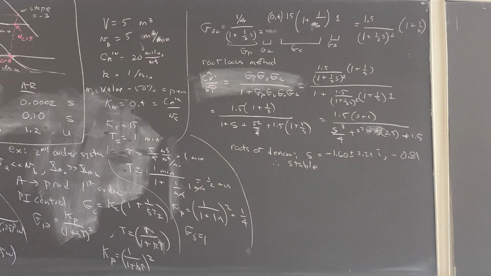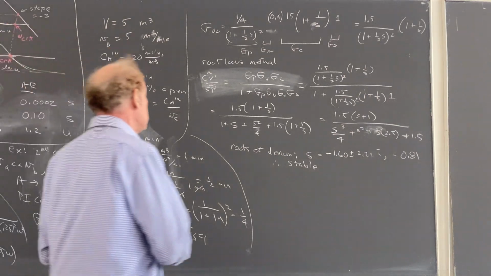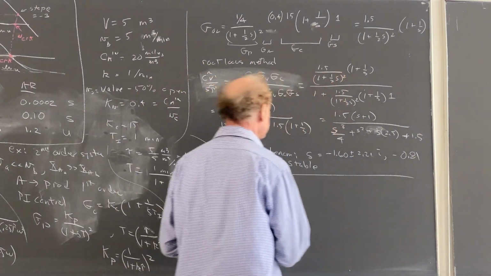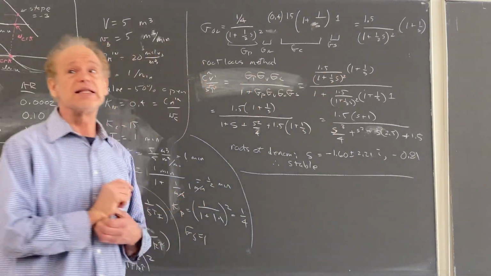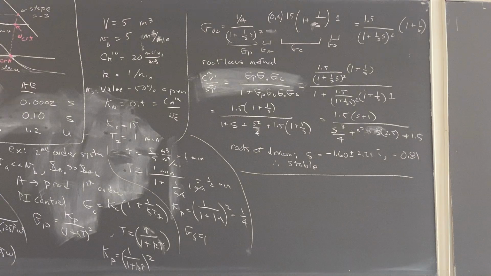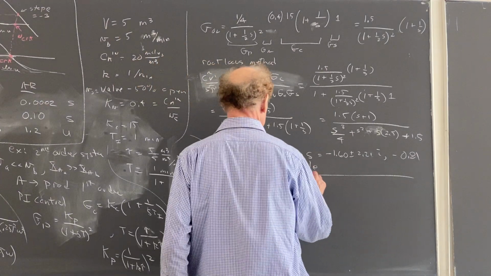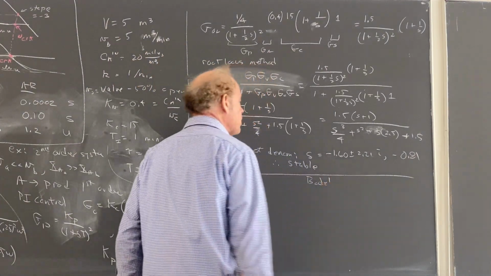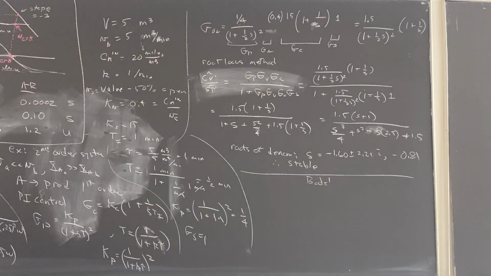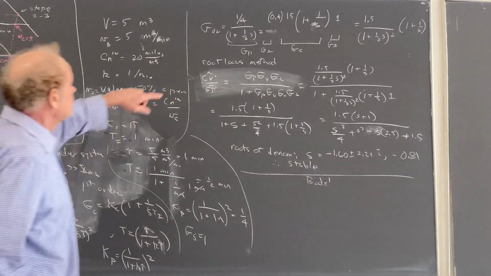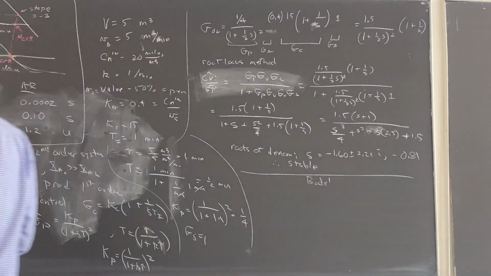Any questions on that? Well, now let's look at what happens when I add to that a delay. But before I add to that a delay, I would like to just also do the Bode. Let's do the Bode as well, for the same problem. So notice for a second order system, we already did a second order system.